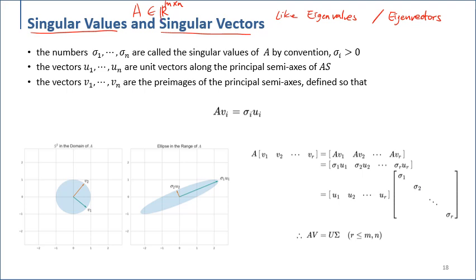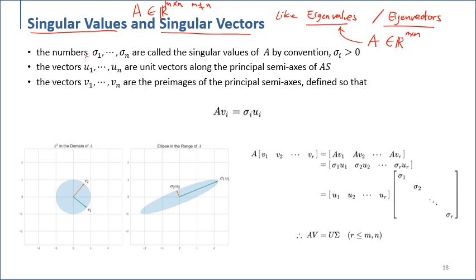When we learn about eigenvalues and eigenvectors, the matrix should be square, n by n. So when the matrix is square, we can calculate eigenvalues and eigenvectors. But when the matrix has a rectangular shape, that means m is not equal to n, then we can consider singular values and singular vectors.